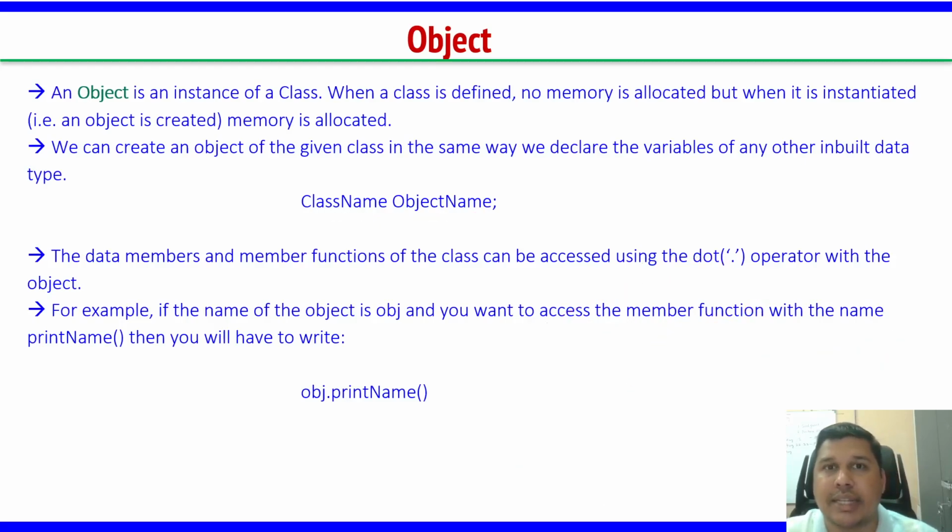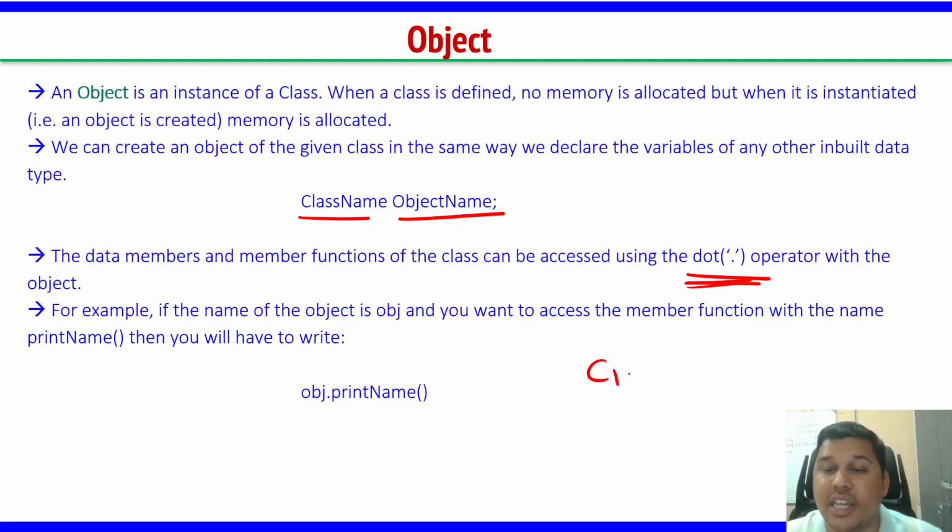So always compare it to structure or union. Class is an extension of structure or union. In a class, we give the member variables, and along with them we also give the functions. So the syntax is class name, object name. And the data members or member functions, anything you declare in the class, if you want to access them, you have to use the dot operator, like you have done in structure or union.